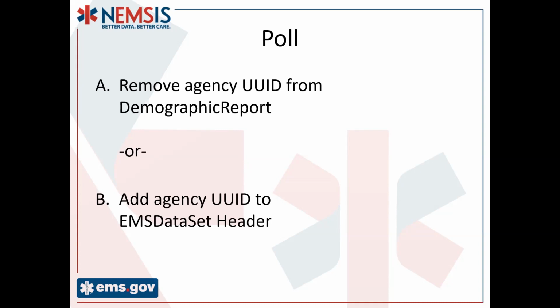It'd have to be the same agency that got a new license number, or you would have to get their local software to somehow create a new UUID for that agency, which is not something that would be required in the scope of the standard. The standard says the UUID should never change once it has been assigned.